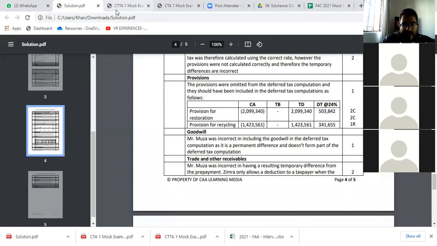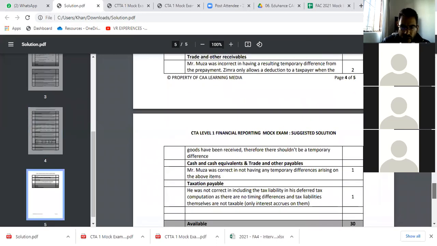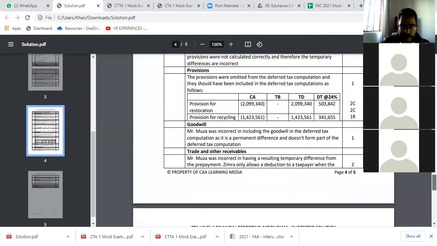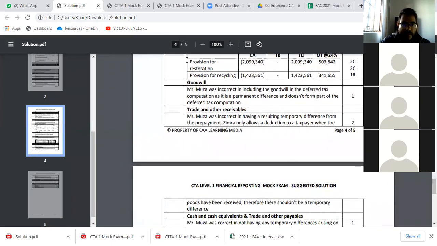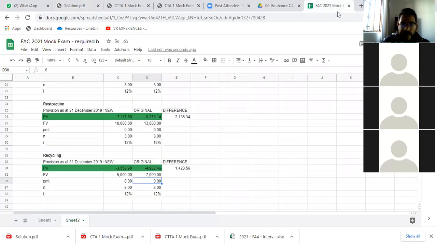The full amount is a temporary difference, and as a result, you'll just multiply by the 24%, whatever rate you must use. So I think that is all. The only thing we need to cover is trade and other receivables. The 10 million is the environmental restoration, and the recycling is the 5 million.